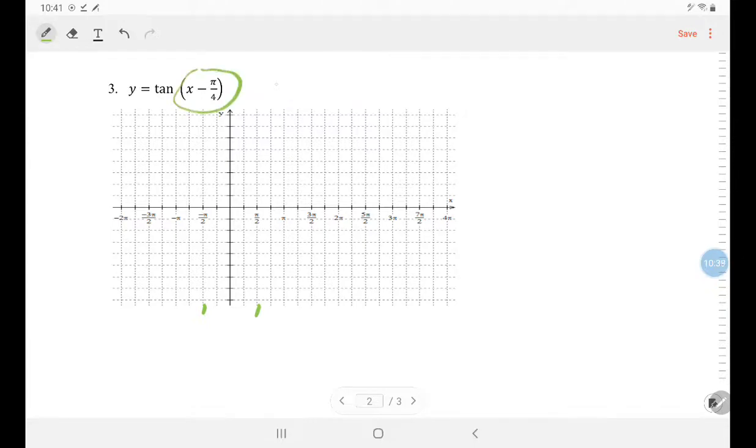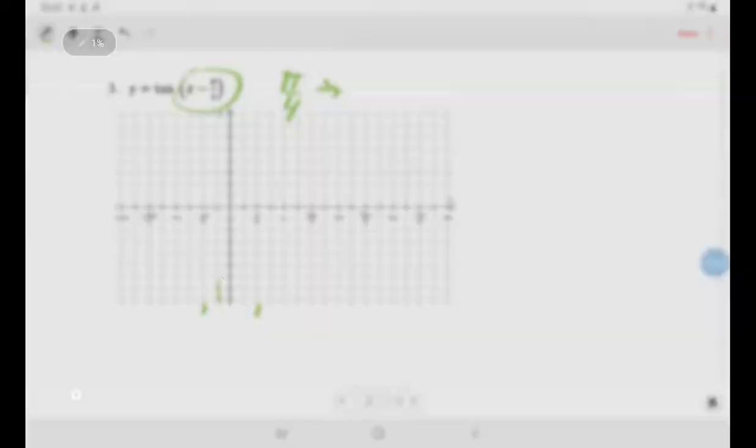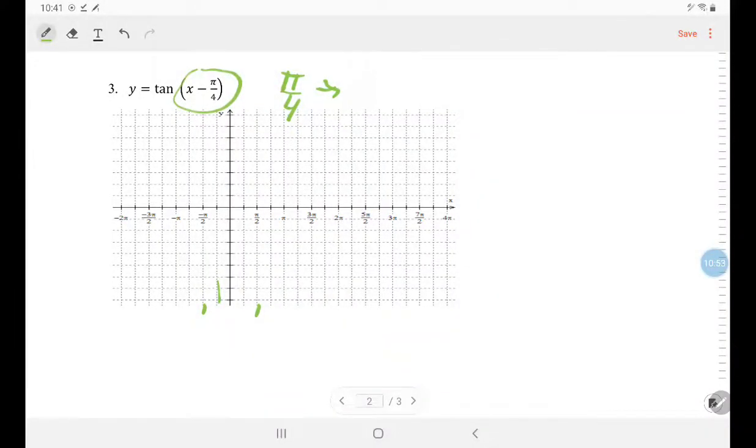What do I got going on here? Well, I've got a horizontal or a phase shift of pi over 4 to the right. How much is pi over 4 on this grid? Well, pi over 4 is one little grid, so this asymptote really is going to move to here. Again, this asymptote shifts pi over 4 to the right.